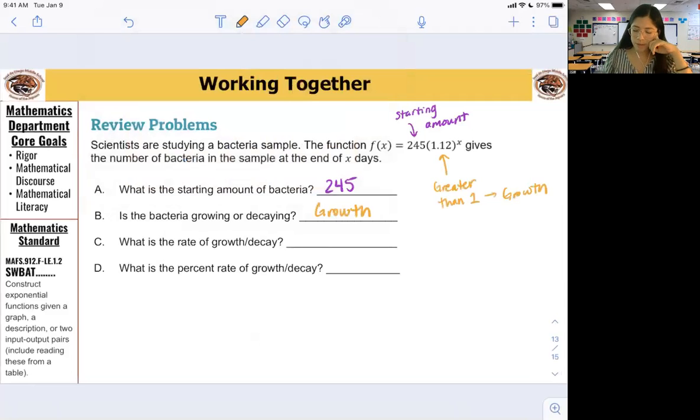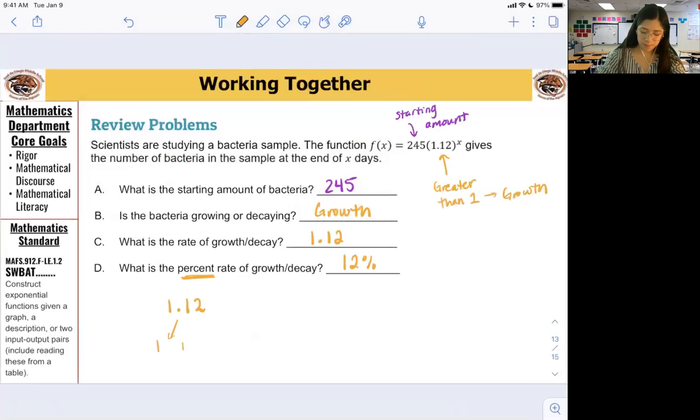What is the rate of growth? 1.12. What is the percent rate? 12%. You got it. Quickly, how to do that one more time: you think about what number you added to 1.